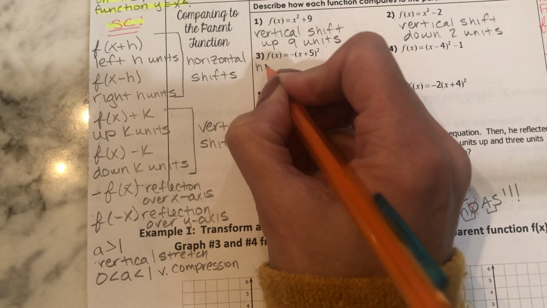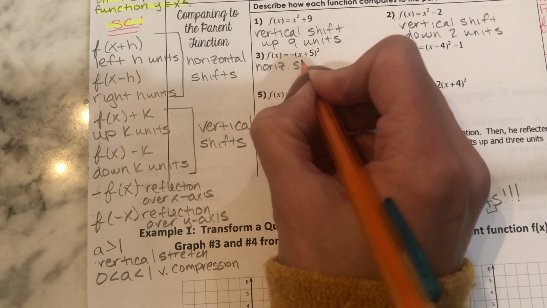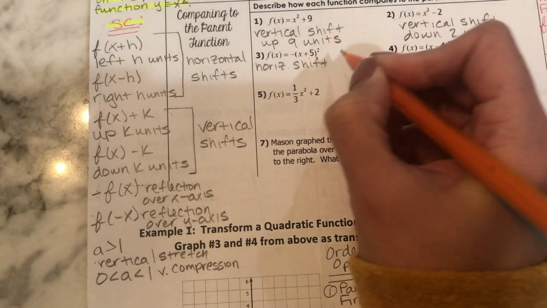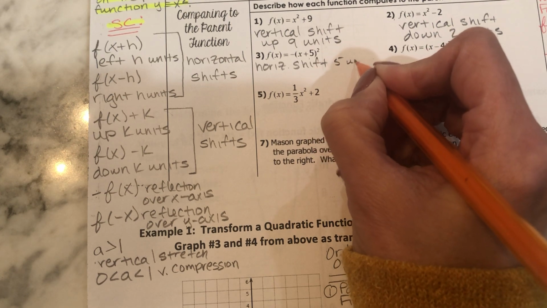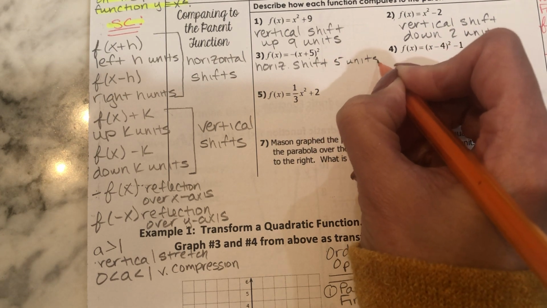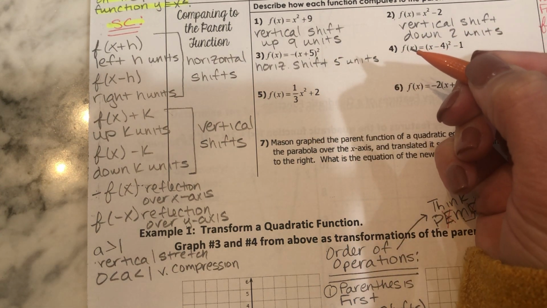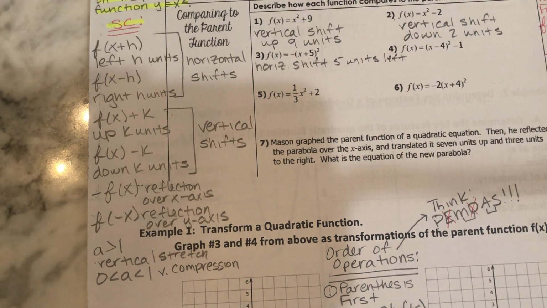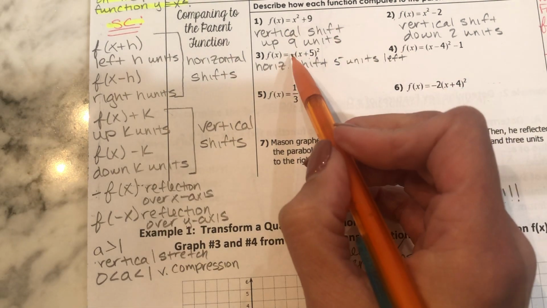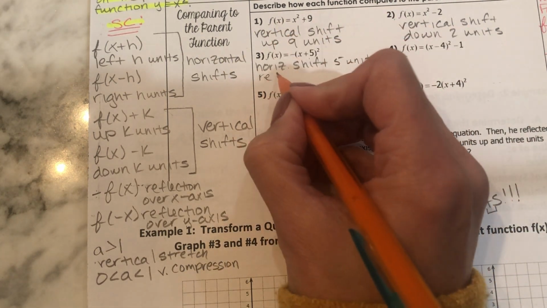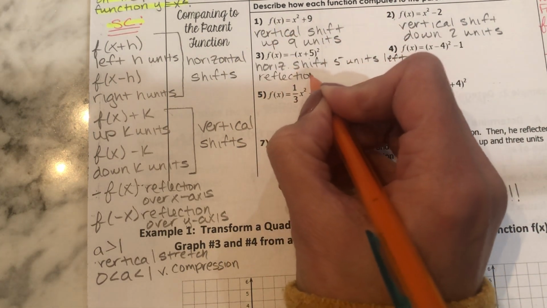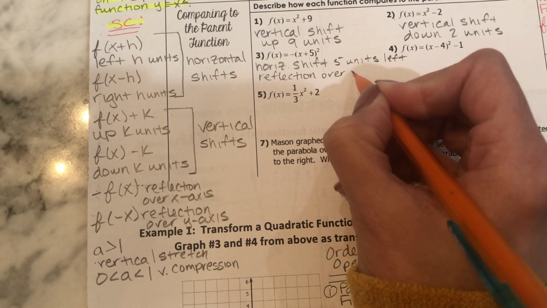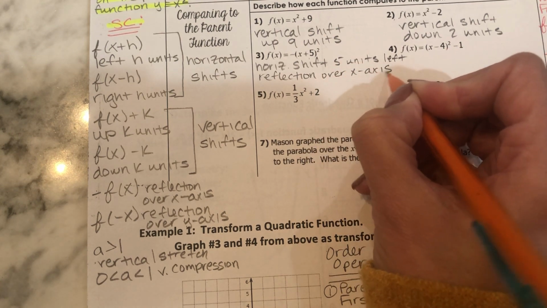So that is a horizontal shift, 5 units to the left there. And then the negative is a reflection over the x-axis. Okay, so that one only had 2.